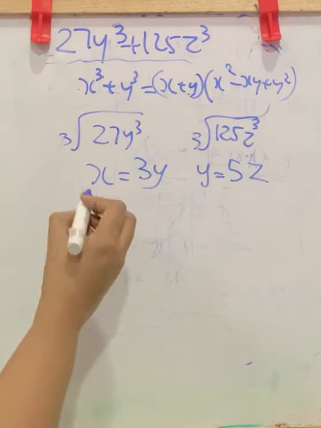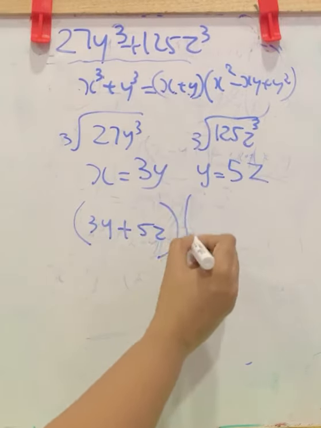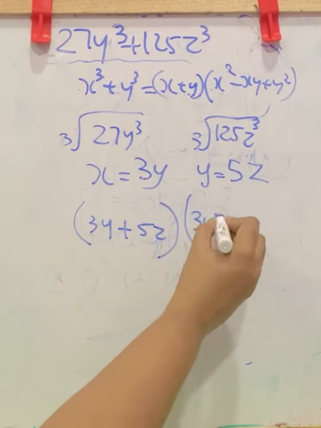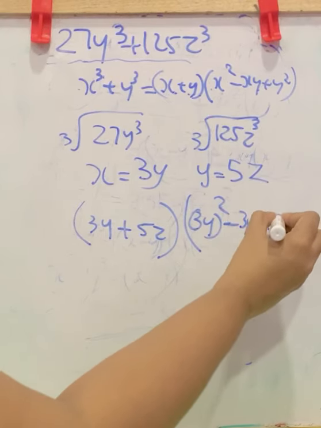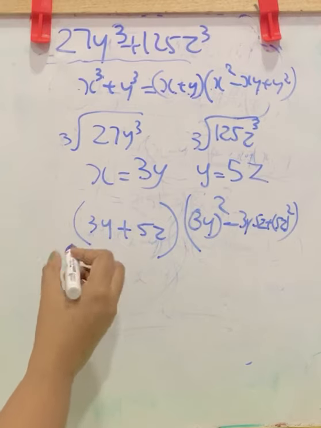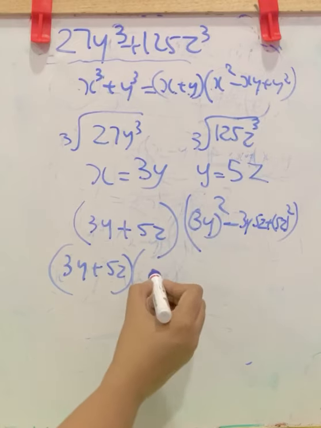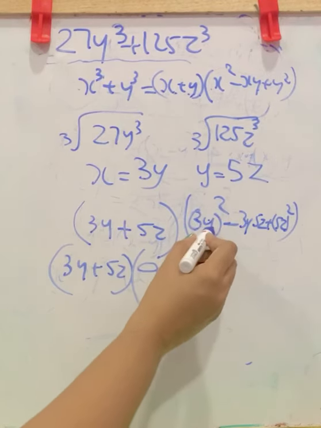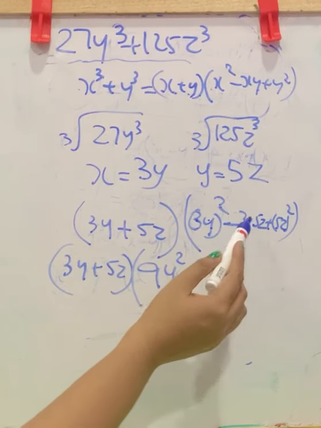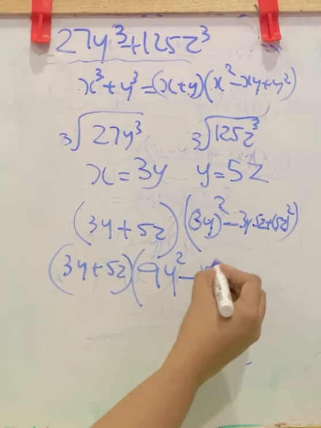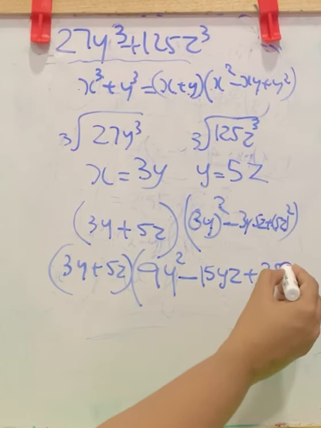This is x and this is y. Now you want to substitute this, that is 3y plus 5z into 3y whole square minus 3y into 5z plus 5z whole square. Now this is 3y plus 5z into 3y whole square becomes 9y square, squaring each one here, 3 square and y square, minus 3y into 5z, in that 3 into 5, 15, y into z, yz, plus 5z whole square, that is 25z square.